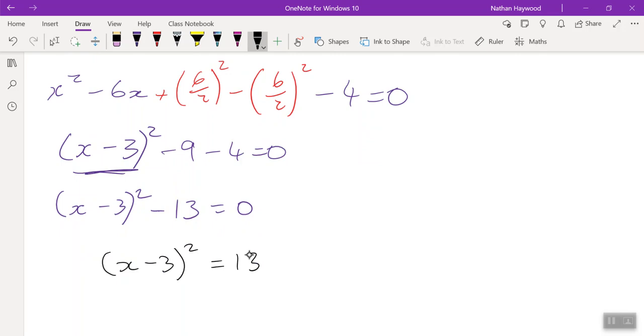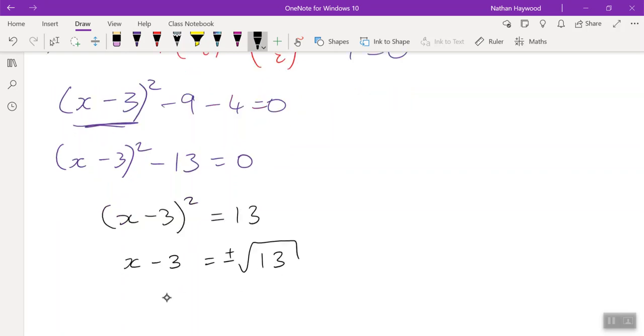Does everyone get that? What's the opposite of squared? Square root. So I square rooted both sides and then bring the 3 over. So this is the answer.